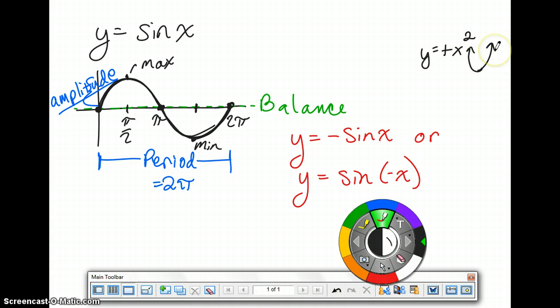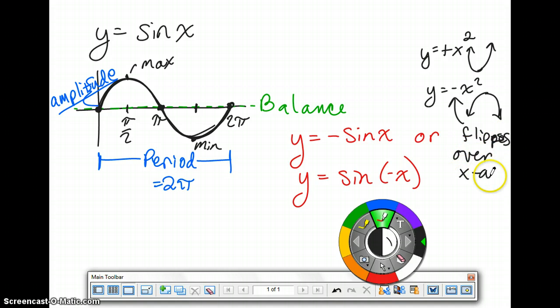And then what happened when we changed it to y equals negative x squared? Hopefully you remember it opened down. So when you stuck this negative in front, right here, it flipped. It flips over the x-axis, or reflects is a better word.